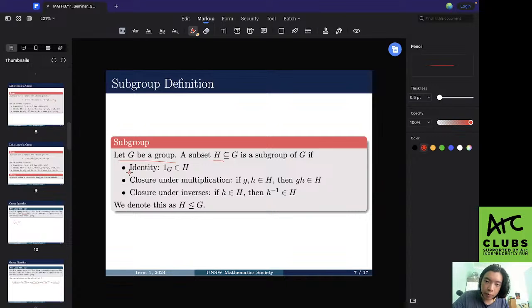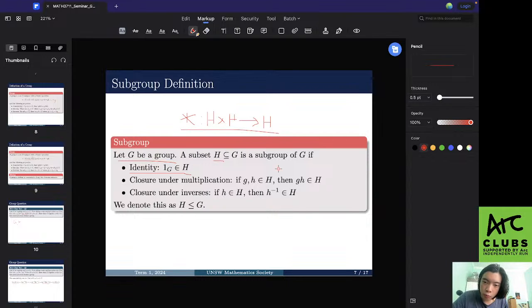So, for example, it has to have an identity element. It has to be able to follow the operation, right? So we want our star to go from H times H, which means it inputs two H elements and then outputs an H element.